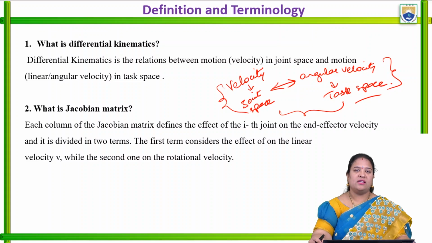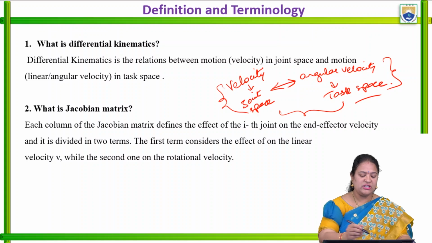Moving on to the second concept, what is the Jacobian matrix? What do we mean by the term Jacobian matrix and why is it used? Generally, the Jacobian matrix is used to define the effect of the joints on the end effector velocity, and it is divided into two terms.